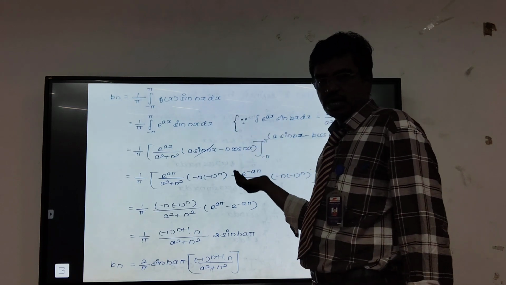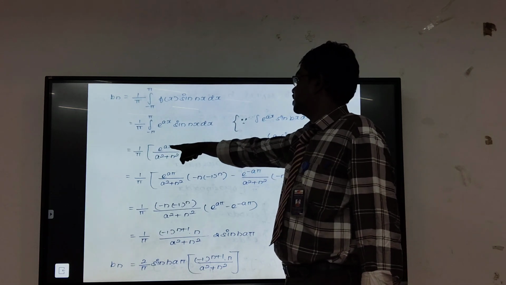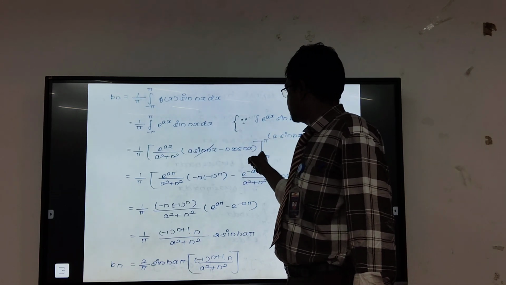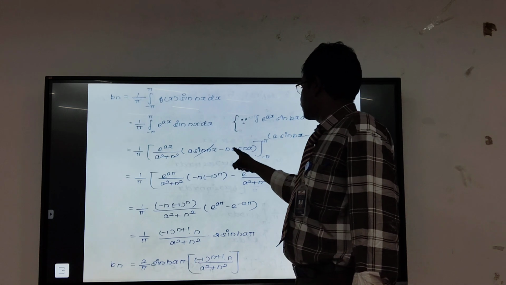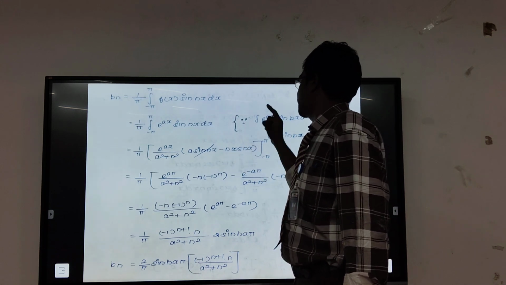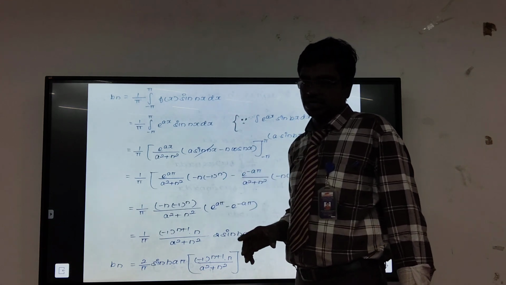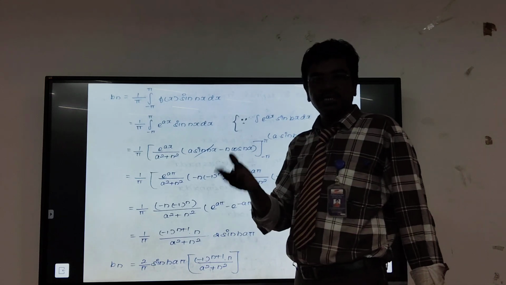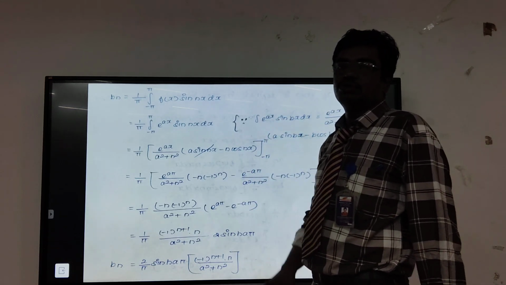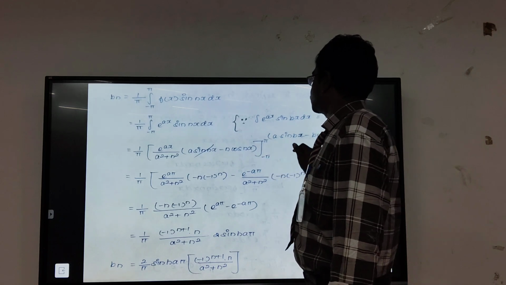The formula is minus, using the lower limit minus pi: e power minus a pi by a square plus n square, minus n cos of n into minus pi. I already said that cos of minus theta is cos theta. Cos of minus n pi is again cos n pi. What is the value of cos n pi? It is minus 1 power n. Therefore minus n minus 1 power n.